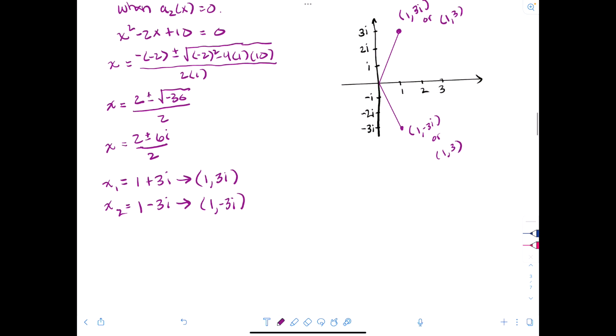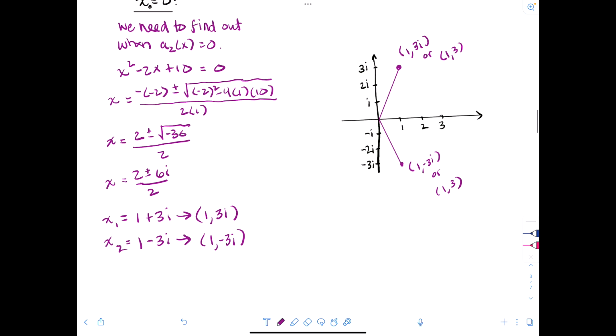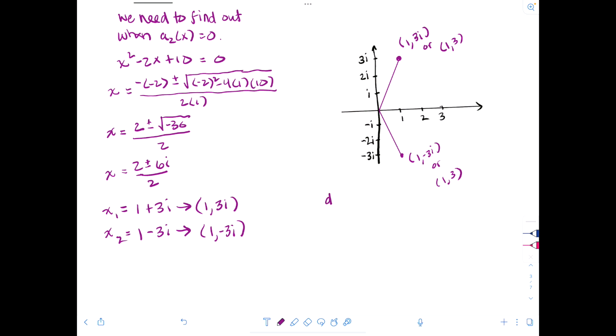So when we're looking at finding this distance, and this will help for our two solutions, we would have the distance equal to the square root of 0 minus 1 squared plus 0 minus 3 squared. So the distance would be the square root of 10.